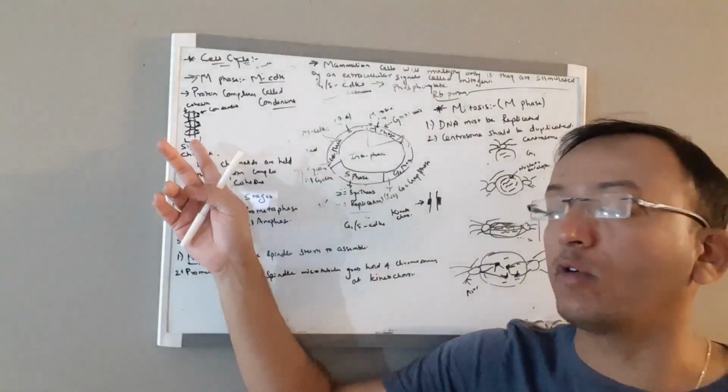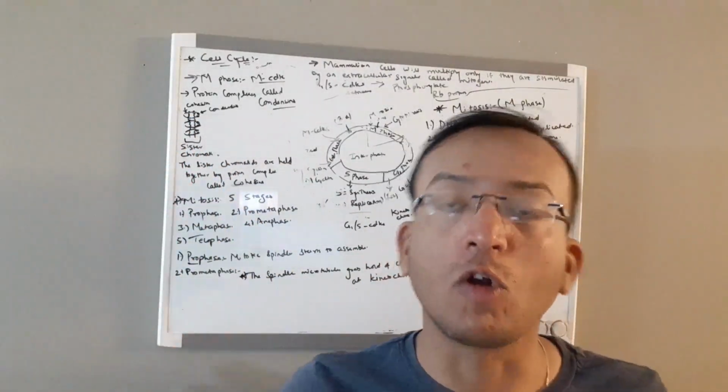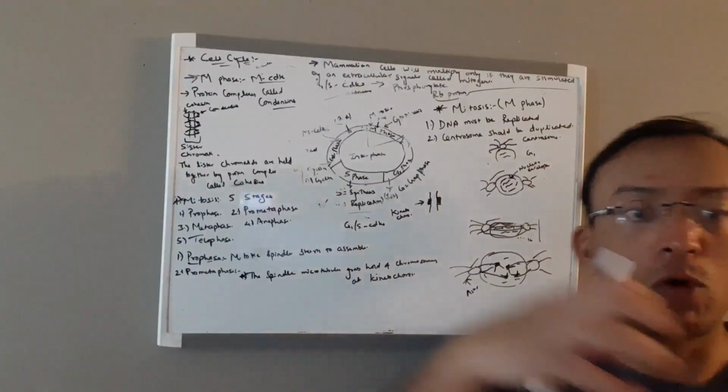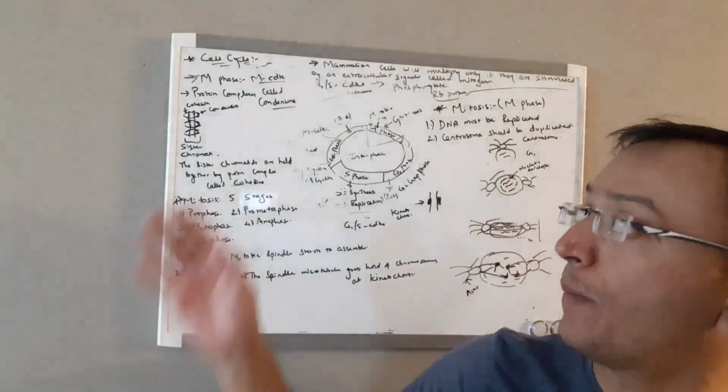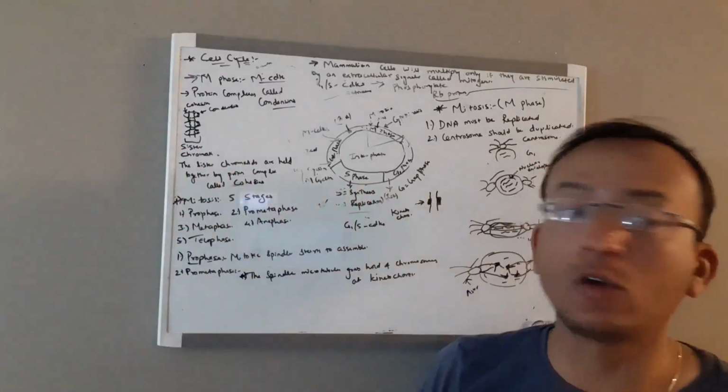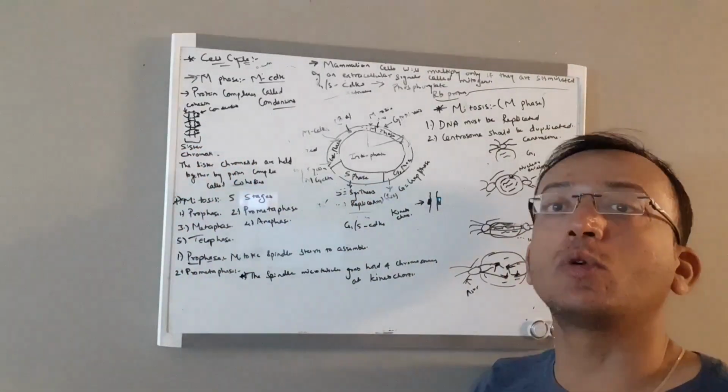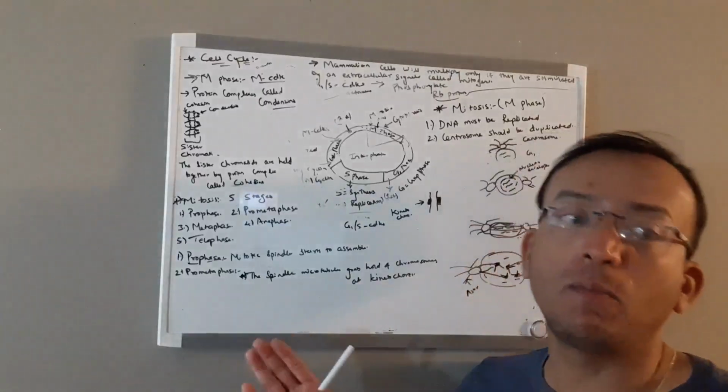Before they were chromatids; now they are considered chromosomes when they are separate and pulled to the spindle pole to which each is attached. This movement segregates the two identical sets of chromosomes to the opposite ends of the spindle, right?